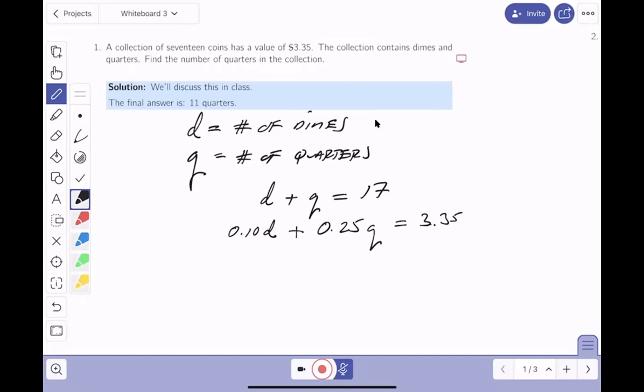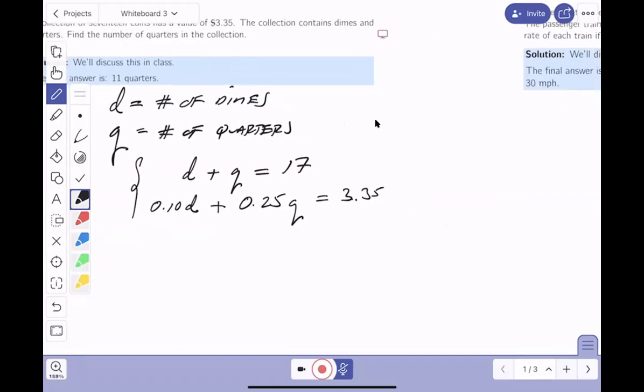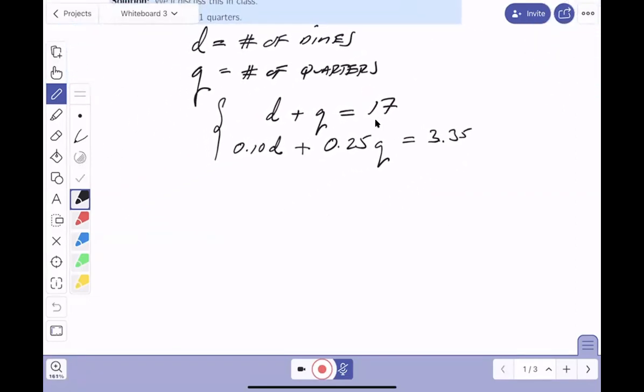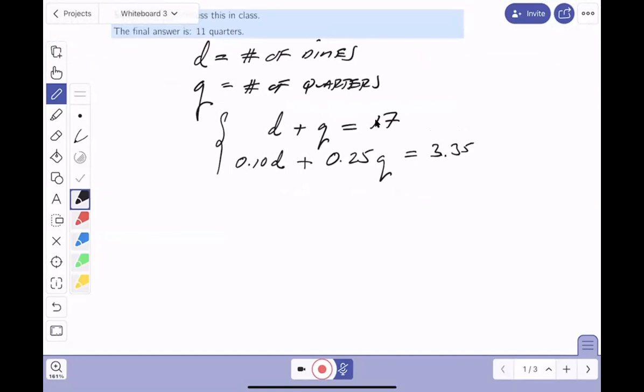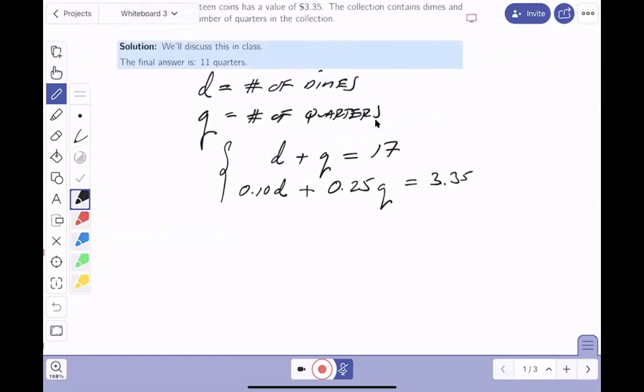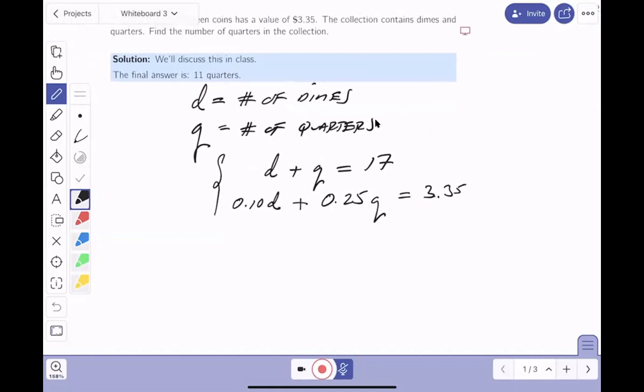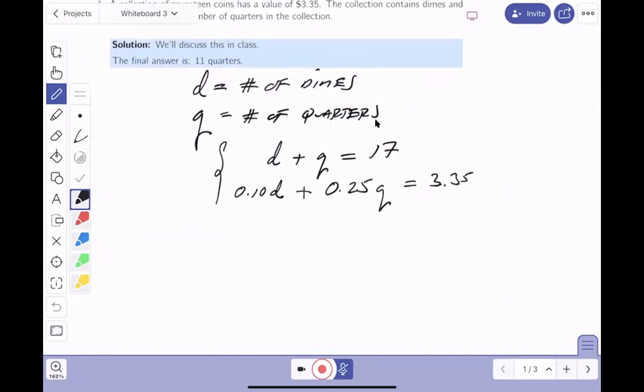Okay. Now, I'm not opposed to 2 letters right now, but at this level of the game, we only want to use 1 letter. So what I want to do is take that D plus Q and solve it for, let's see, they want to know the number of quarters. So I'm going to solve for the number of dimes. It doesn't matter, though. If I know dimes, I know quarters.